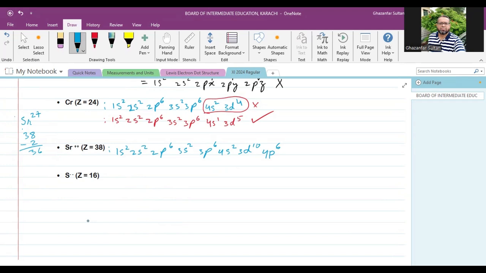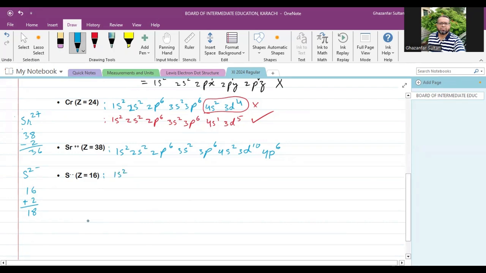But if the charge is minus minus, it means it is 2 minus. So to its atomic number, we add 2 more electrons because the charge is minus. Minus means it gained 2 electrons. So we will write the electronic configuration of 18 electrons instead of 16.